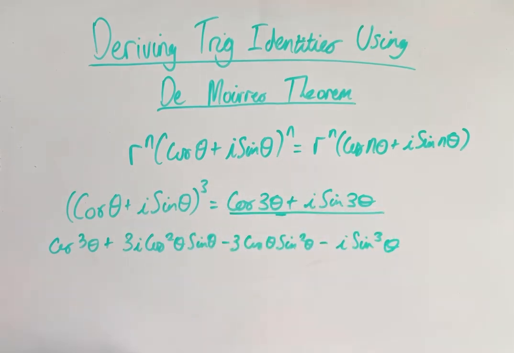Now what we can do is equate imaginary and real parts because we know they won't cross over.